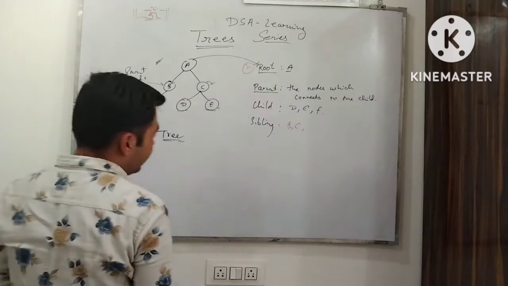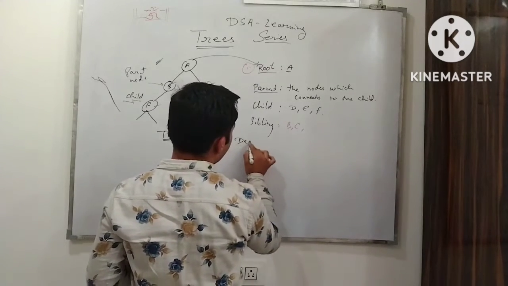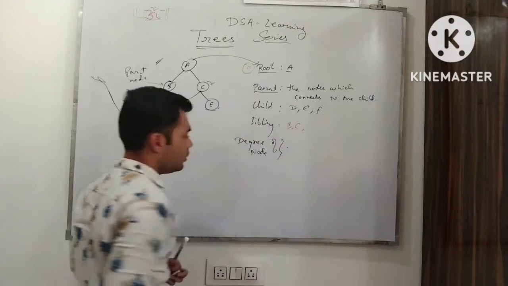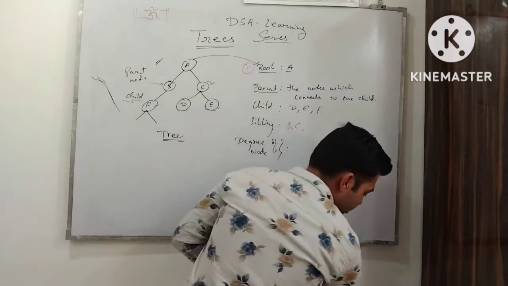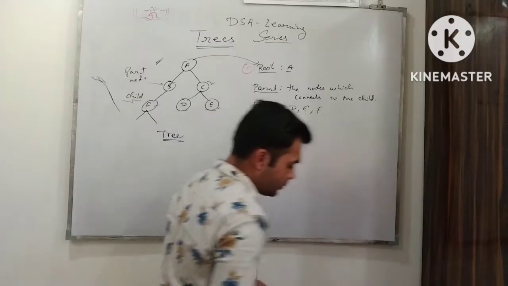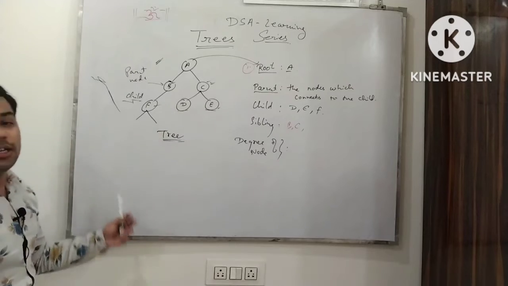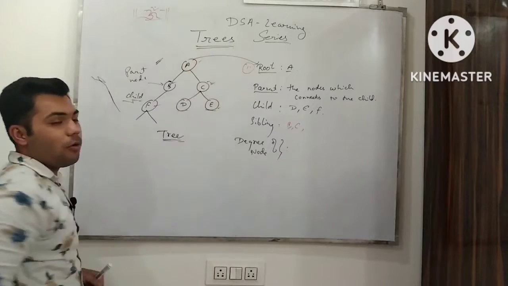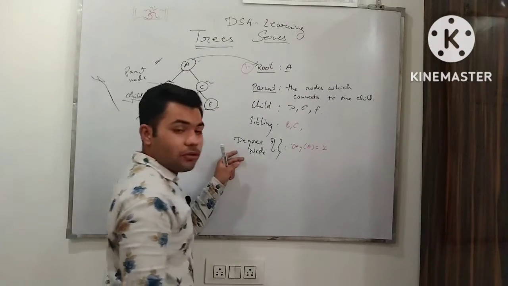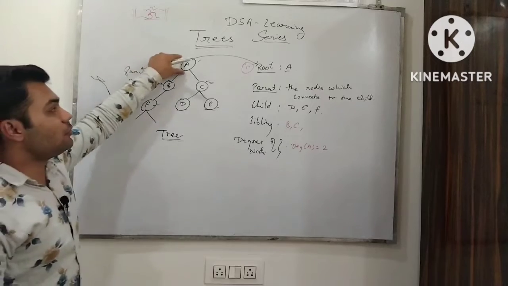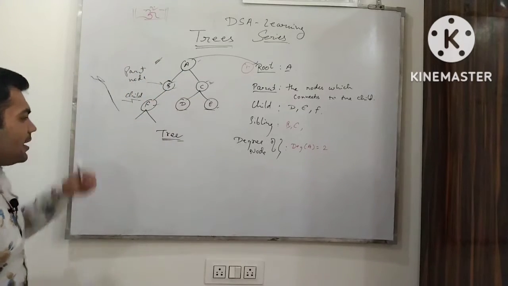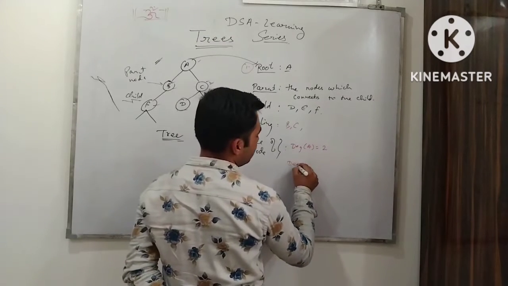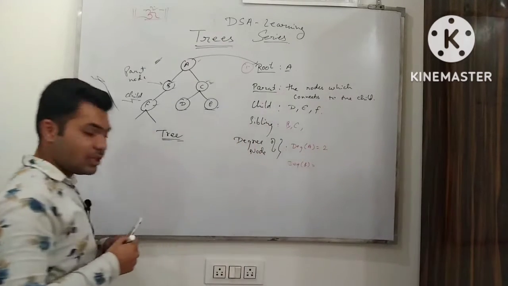Next, the degree of a node. This is something important. What do we mean by degree of a node? The degree of a node is nothing but the number of direct children. If we take the example of A, the degree of node A is 2, as A has two children, B and C. What is the degree of B?